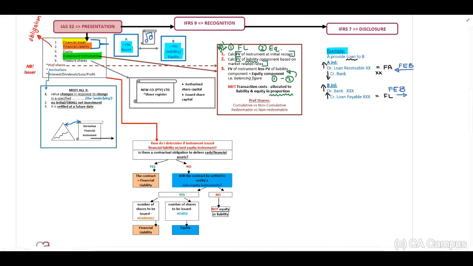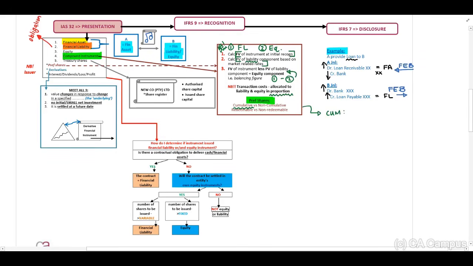Now guys, extremely important. I have identified that there's a lot of our students that do not know the characteristics of preference shares. If you do not know this, you need to study this, please. When we look at a cumulative preference share, what is the meaning of cumulative?